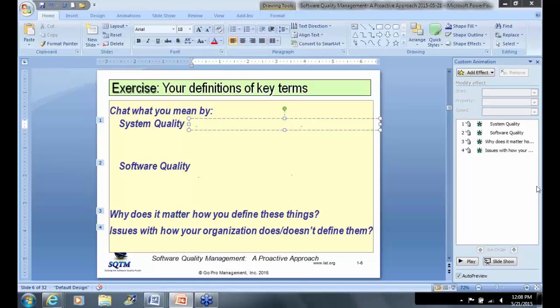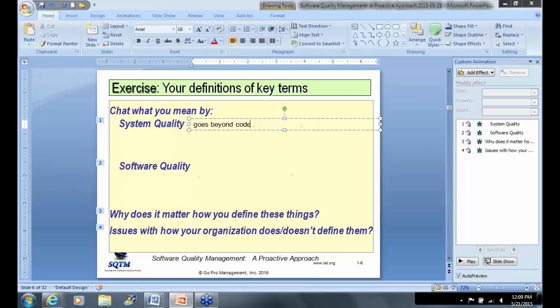So let me see. System quality would go beyond just the code aspects. That's from Kristen. System quality covers the application and how it works well with other applications. Let me see if I can capture some of this, and I'll caution you that my computer tends to make a lot of mistakes when I type.